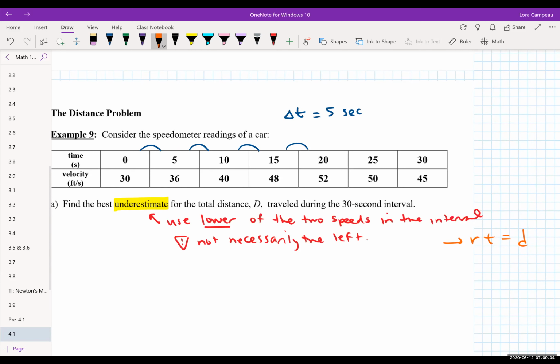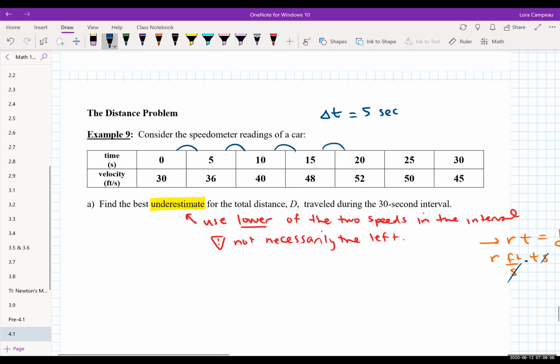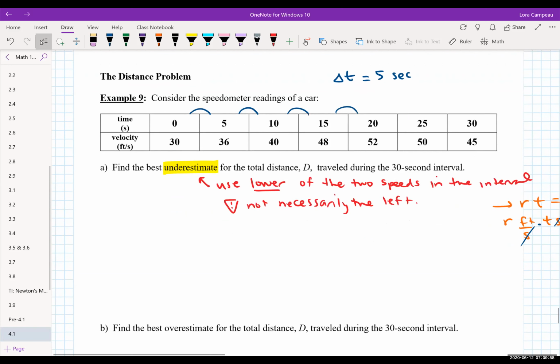Well, rate in our case is velocity, so that's in feet per second. Time is in seconds. So when you find the distance, the seconds divide out, rate times time, and that's why they're asking for the distance. Eventually we're multiplying these together. Why? Well, when you make the rectangles, that's length times width based on height.